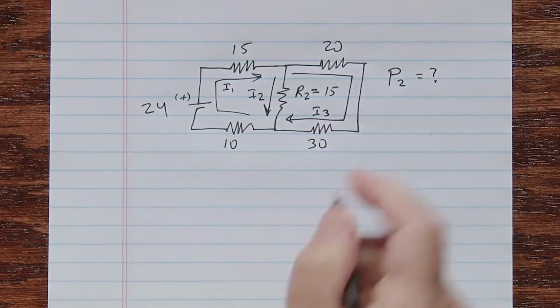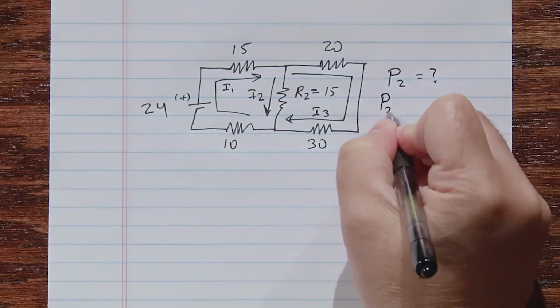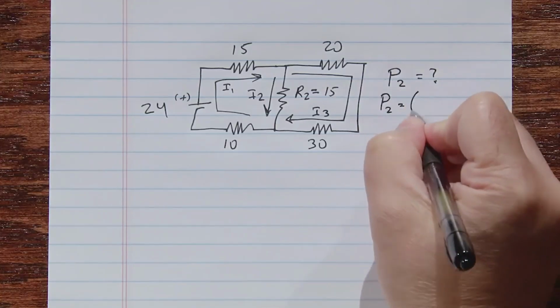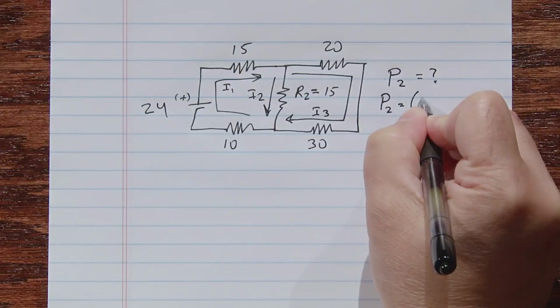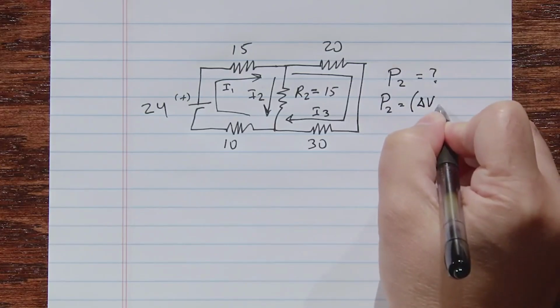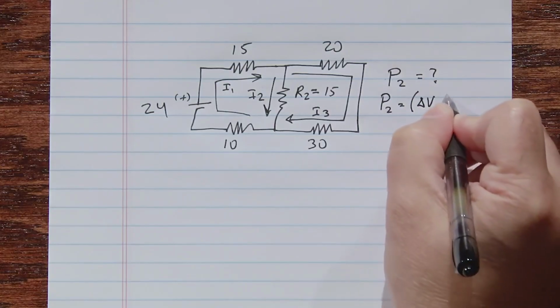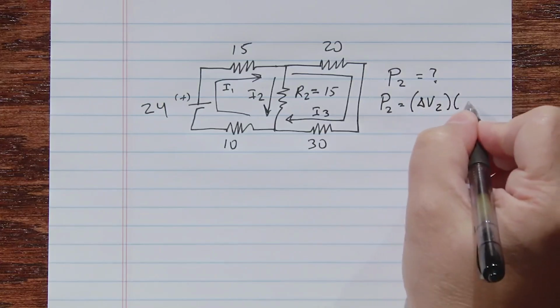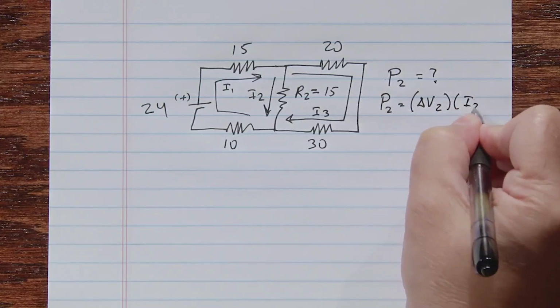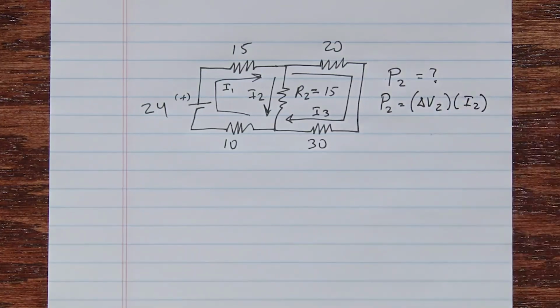We know that the power across R2 is going to be equal to the change in voltage across R2, which I'll write as delta V2, times the current through R2, which is I2. And we also know that the change in voltage across R2 is going to be equal to R2 times the current.